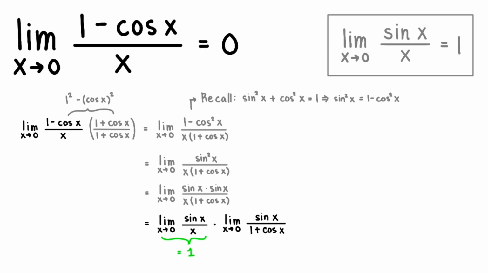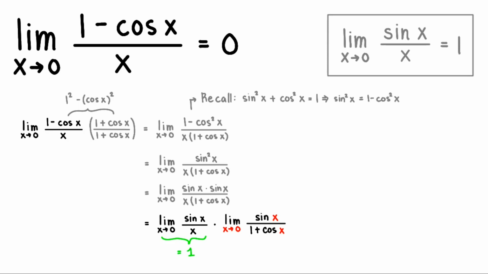For this next one, for the limit of sine x over 1 plus cosine x as x approaches 0, we don't really have a previous result on that one. So let's try to evaluate or plug in x equals 0 into the given function.